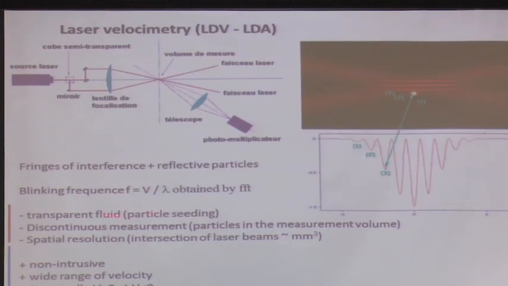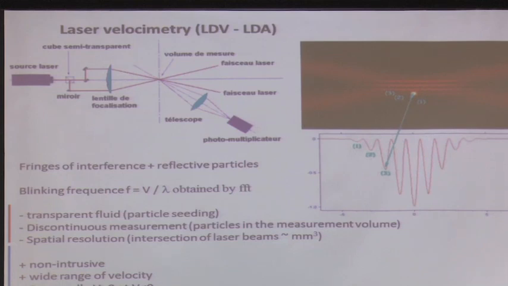For transparent fluid, the problem is that you have a discontinuous measurement of the velocity. Let's say the flow is seeded with many small particles, but to get the velocity, you need particles to pass through the measurement volume. If the seeding is not large enough, you don't have any particles coming through this volume, and then you don't have any data.